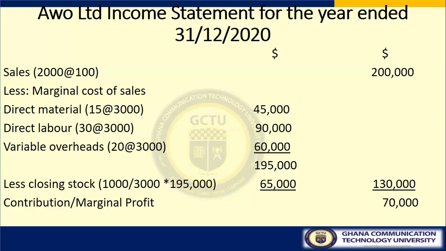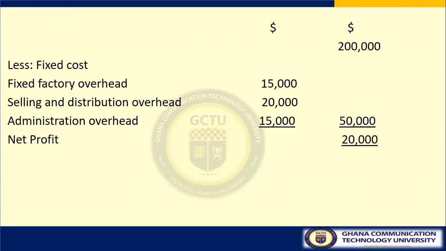If you have an opening stock, you add it to the total cost of production, then you less it from your sales to get your contribution, or somebody says marginal profit, it's the same thing. Then less your fixed cost. From the question, the fixed factory overhead is 15,000, selling and distribution overhead 20,000, administrative overhead 15,000. When you compute, you get 50,000. Less 50,000 from 70,000, you get 20,000. That's your net profit.